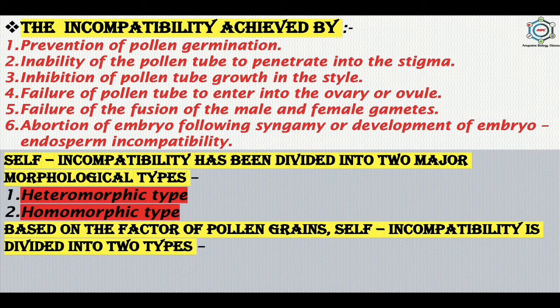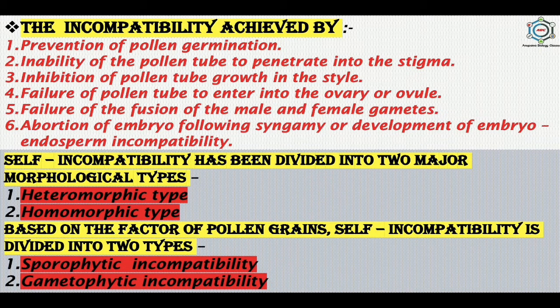Now, based on the factor of pollen grains, self-incompatibility is divided into two types. The first is sporophytic incompatibility and the second is gametophytic incompatibility. In sporophytic incompatibility, the incompatibility is controlled by the genotype of the sporophytic tissue from which the pollen is derived, or the sporophytic tissue of the stigma. While gametophytic incompatibility is due to the genotype of the male gametophyte, that is, the pollen.